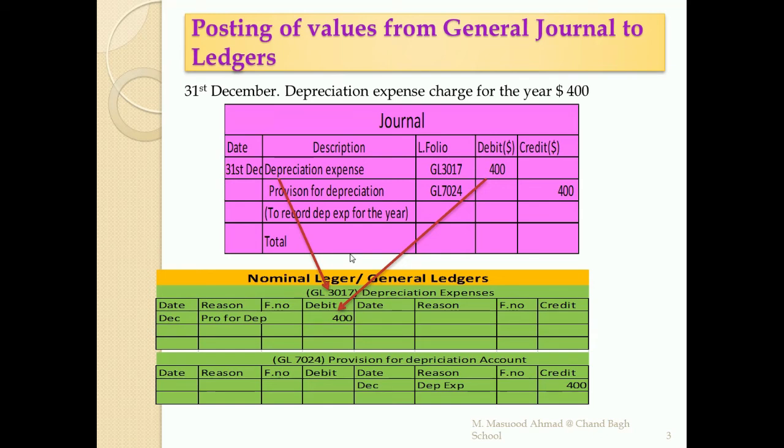Now the first aspect, the debit effect of your transaction, is posted, and in the same way the provision for depreciation is the second account which we have called in the journal, and the amount, 400, is credited on the credit side. So our fact that debit equals credit holds. Debit 400 in the depreciation expense, and the corresponding credit 400 on the credit side. In this way you can post every entry from your journal to your respective ledgers.